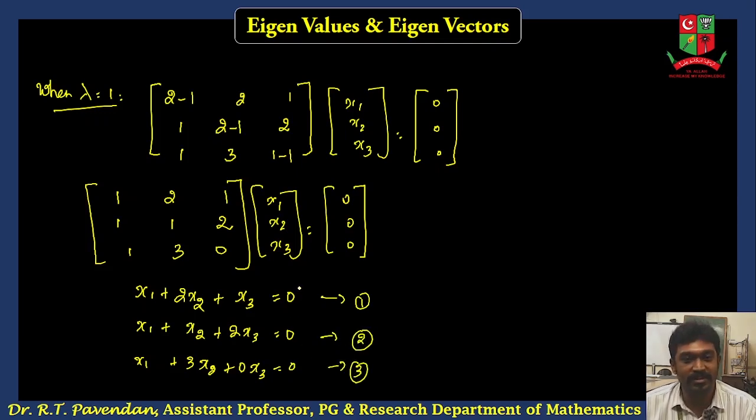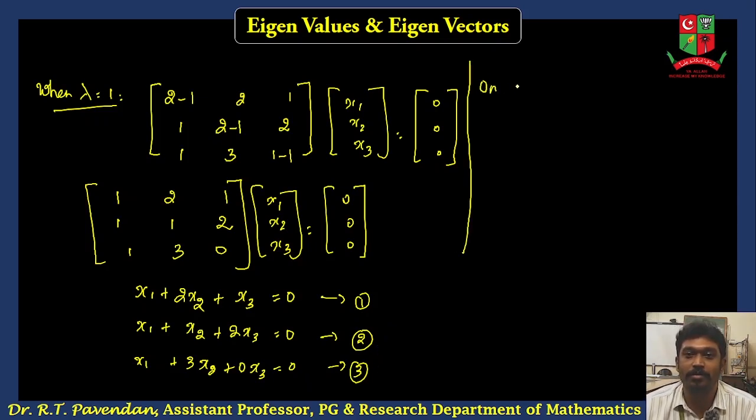One can verify that every equation is unique, so they are not the same. We can choose any 2 equations and use the cross multiplication method to find the values of x1, x2 and x3. Since I have 0x3 in equation 3, I am going to choose the combination of equation 2 and equation 3.